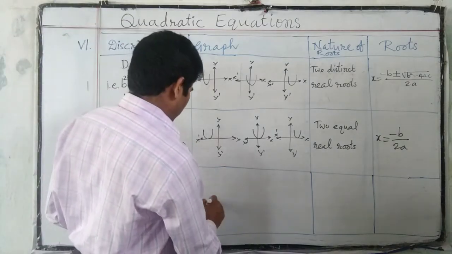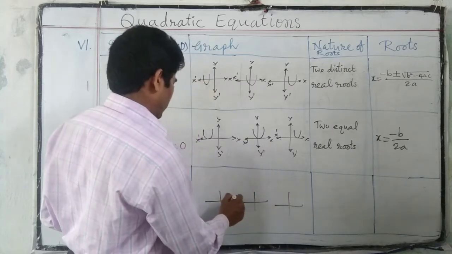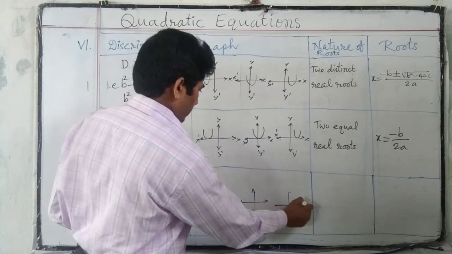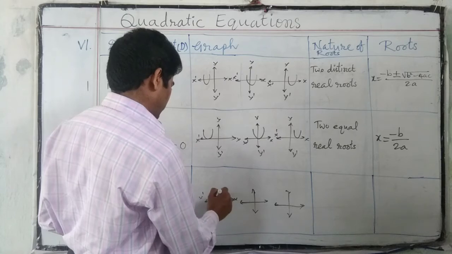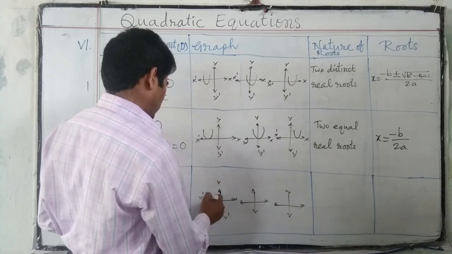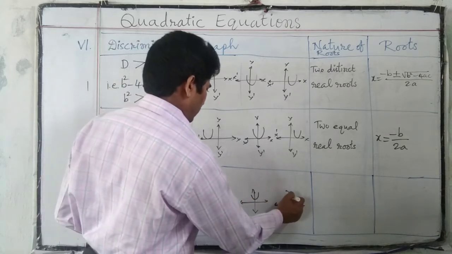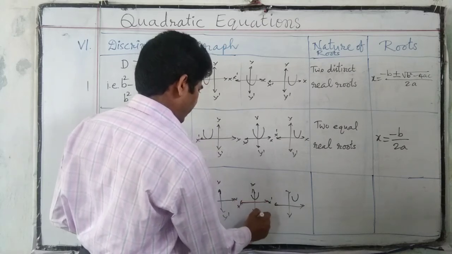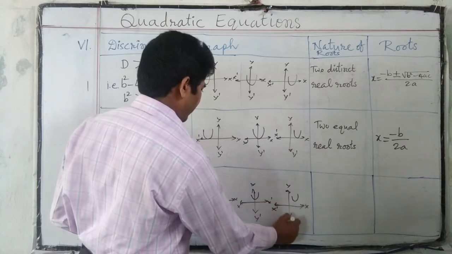Then the graph will be like this, or like this, or like this.